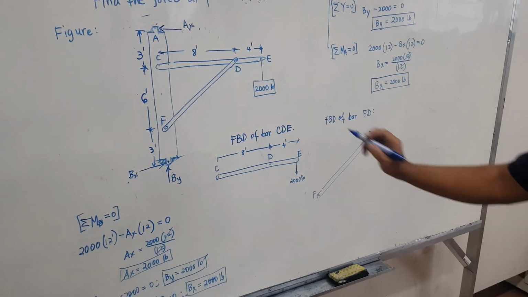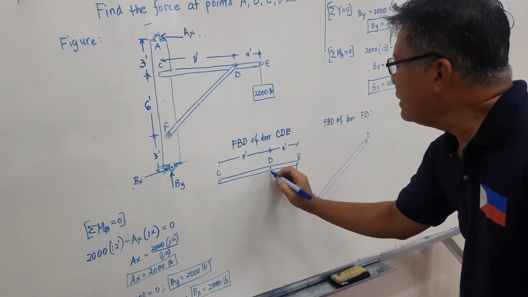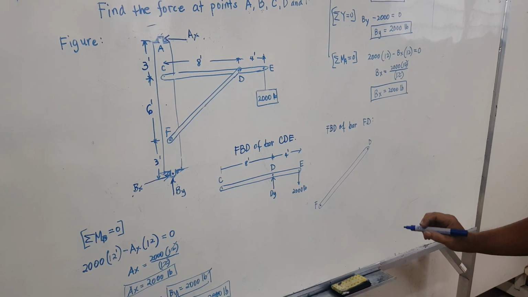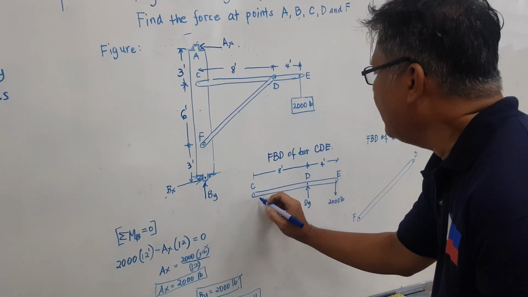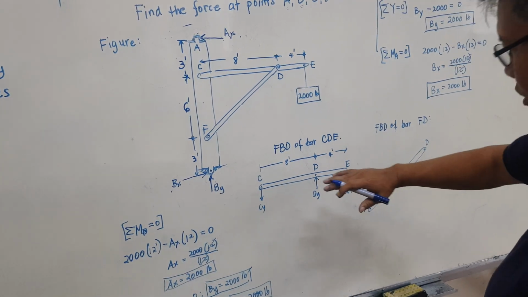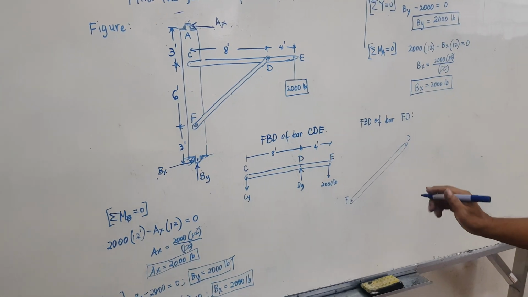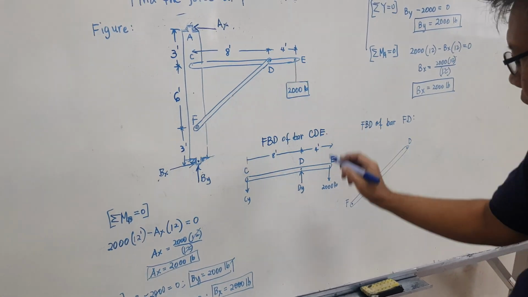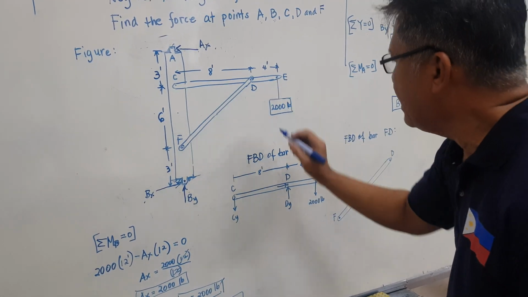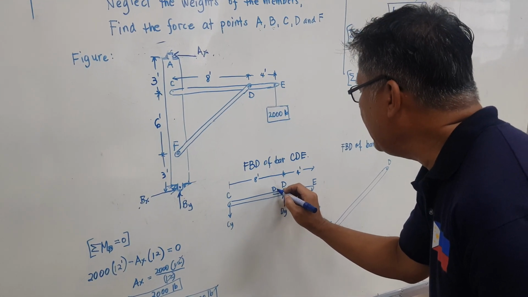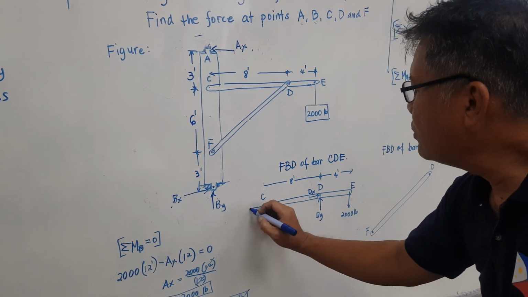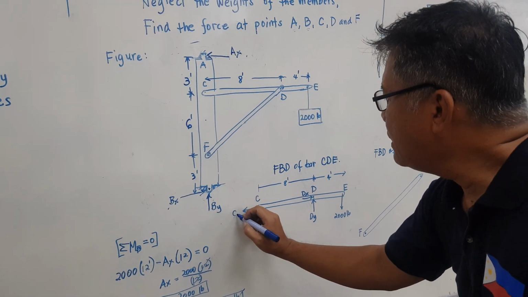At point D, we have a support there, and it should be supported with an upward force Dy, and at C it should be supported going down so that this whole thing will not rotate. And due to the support at FD, at point D, there is a force coming from bar FD going to the right. We call that one Dx. And to balance Dx at point C, there should be a force going to the left, Cx.